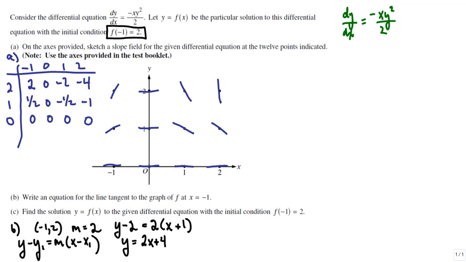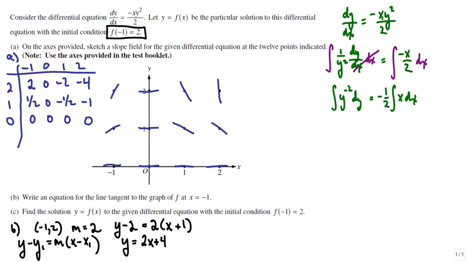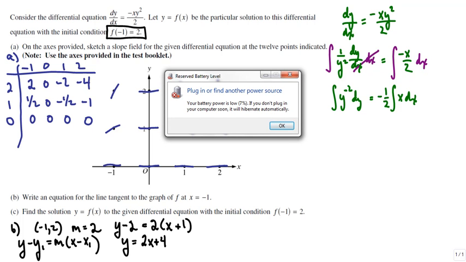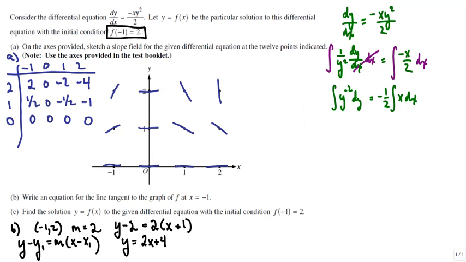And so we end up with 1 over y squared dy dx is equal to negative x over 2. I'm going to take the integral of both sides with respect to x, and when I simplify that, I get integral y to the negative second dy is equal to negative 1/2 integral x dx.